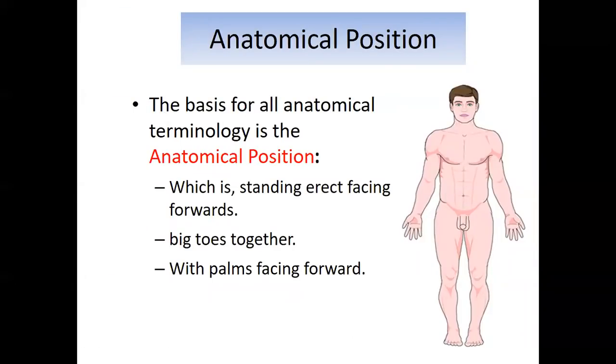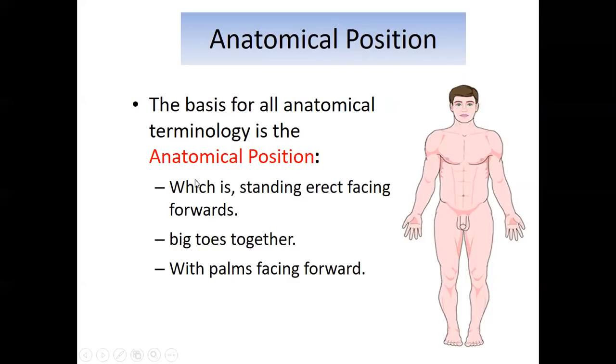Okay. Now we're going to move to the next part, the anatomical position. The anatomical position is a very important term that you have to know. What is the anatomical position? The basis for all anatomical terminology is the anatomical position. You have to remember that one. So whenever you discuss anatomical terminology, you put the body in the anatomical position.